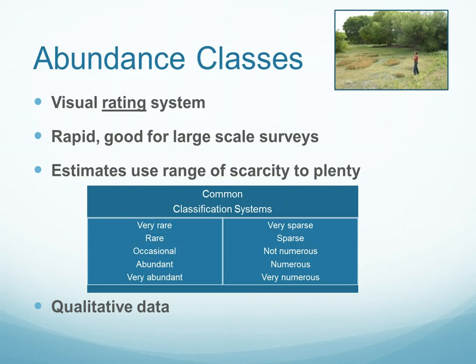Now, this kind of data is qualitative data. That's one of the disadvantages of it. And also, it can be difficult to ensure consistency either between different observers in the same location, or even within an observer if they are quantifying abundance in different types of vegetation.